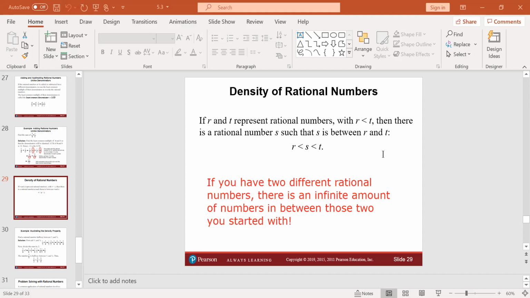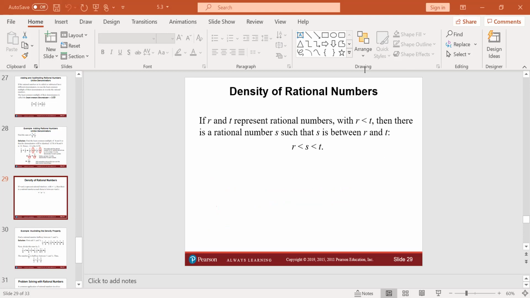Just like the numbers 1, 2, 3, 4, 5, 6, 7, 8 go on to infinity, likewise, between the numbers 1 and 2, there's an infinite amount of numbers you can pick: 1.1, 1.2, 1.3. But you can go out to more decimal points: 1.228, 1.229, 1.2291, 1.22946, and so on. You can have an infinite number of choices. What does that mean practically for us? Probably not a whole lot, to be completely honest. But it's just a cool little math fact at the moment.